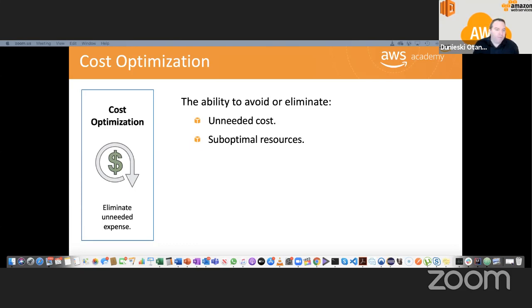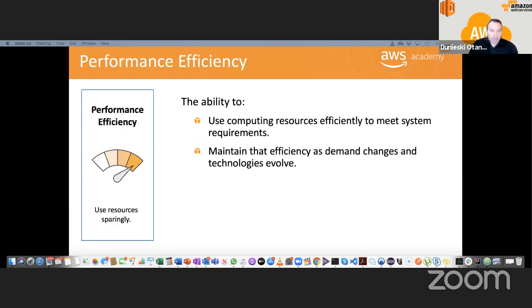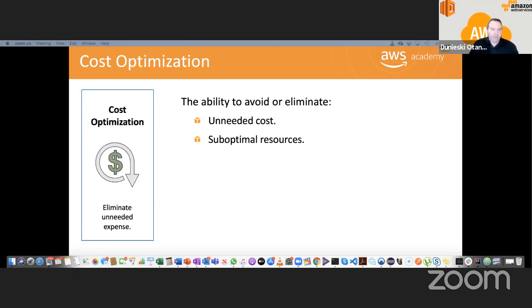But with this cost optimization, you have the ability to avoid or eliminate unnecessary costs. So it's like we said before, this one will tell you, am I meeting the requirements? Am I over provisioned, under provisioned? And this one will tell you, if you're over provisioned, then you're paying more than you're supposed to, right?